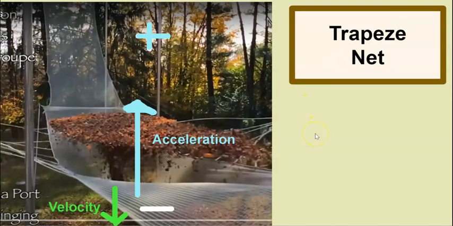What's a little bit tricky is that this person is slowing down, and yet the acceleration is positive. But that's because a positive or negative sign in physics for acceleration does not mean loss. It means direction. So the velocity is down because the direction of our motion is down, and the acceleration is up because the direction of the push is up.